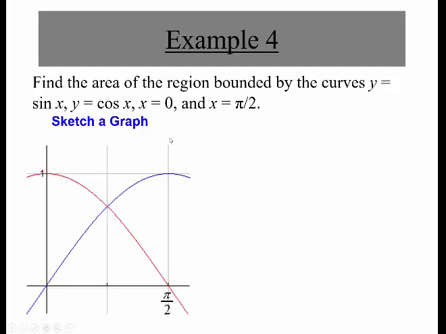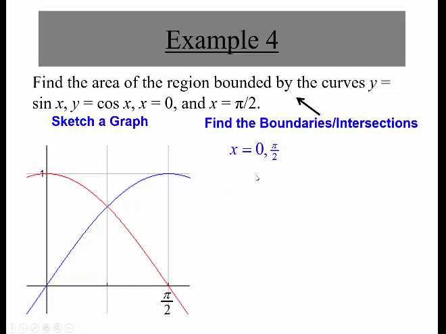All right, so when you sketch this graph, you're going to see that we're going to need 2 different integrals here. When you figure out what the bounds are, it's telling you between x is equal to 0 and pi over 2.